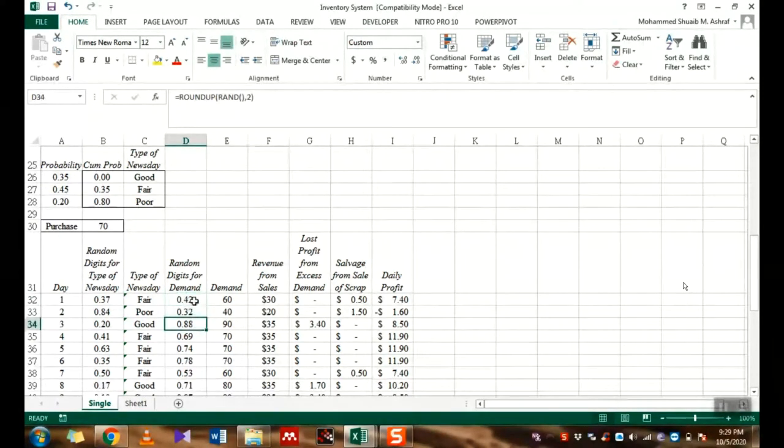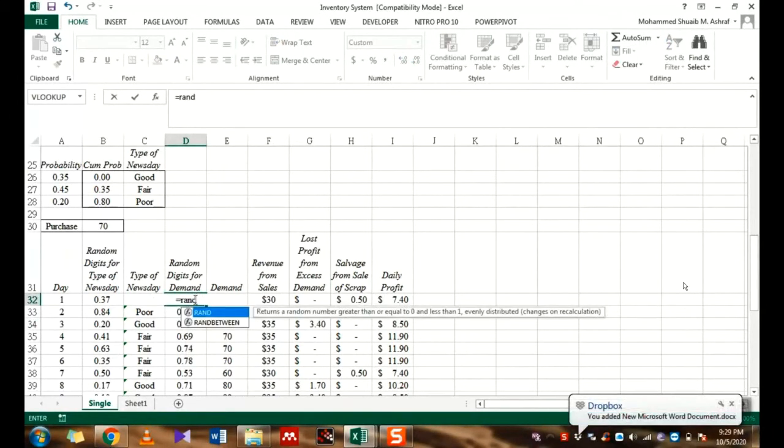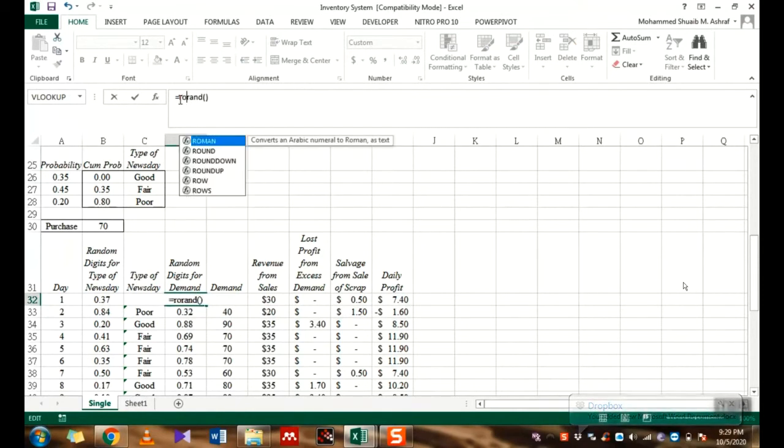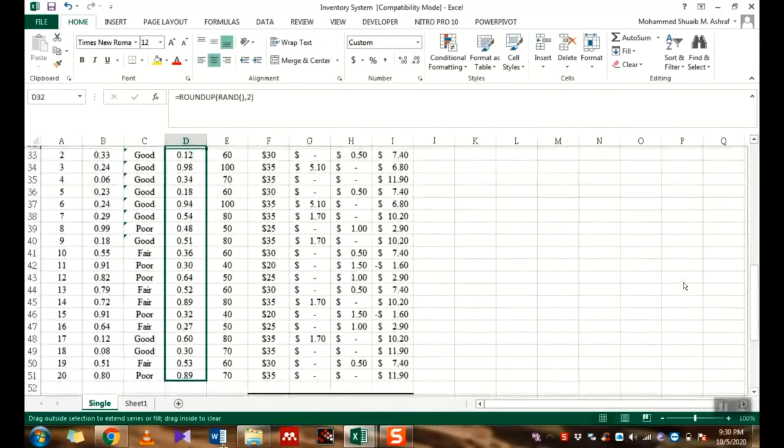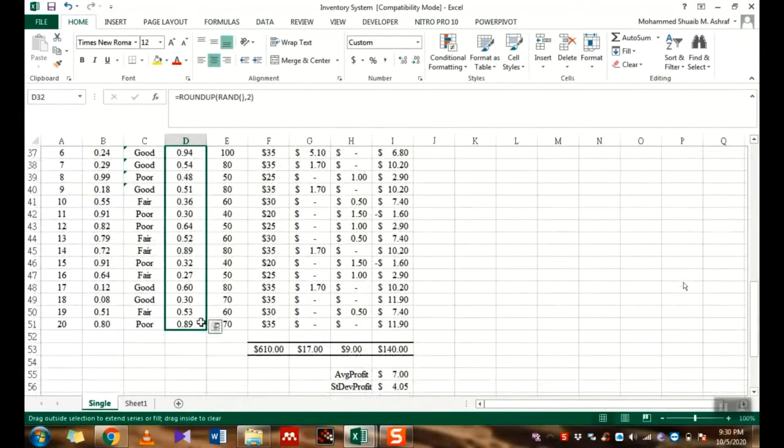I will generate a random number for demand. How? I have the rand function. If I want to round up, rand function, comma, up to 2 places, so this is the round up. Okay.